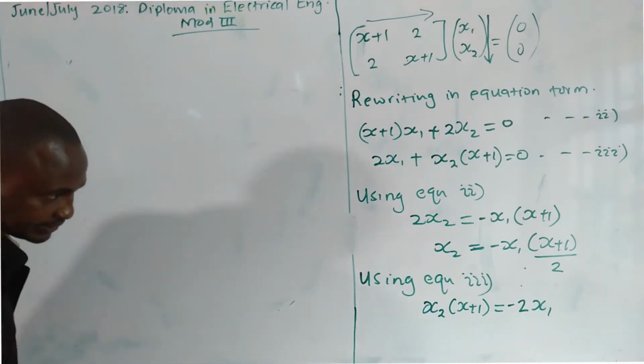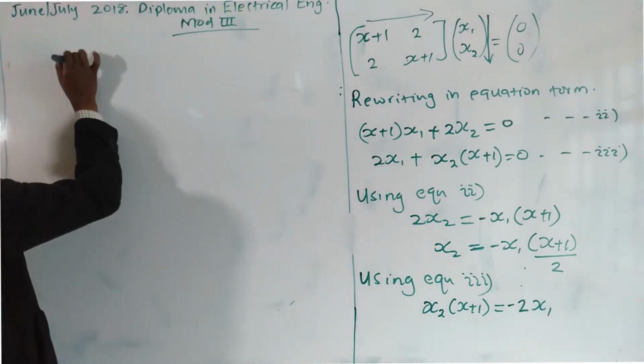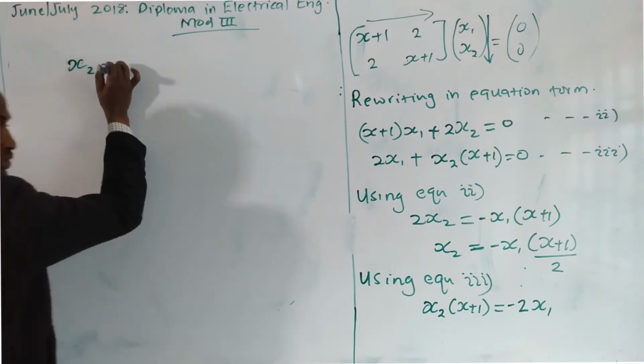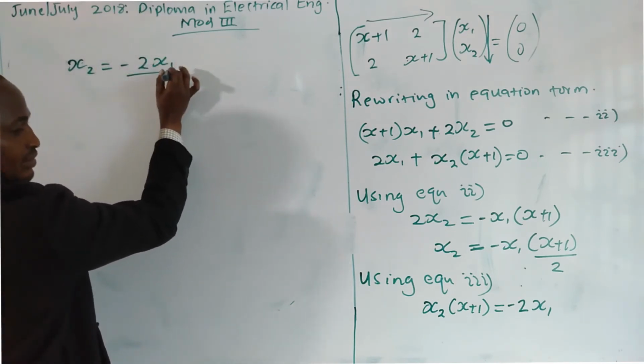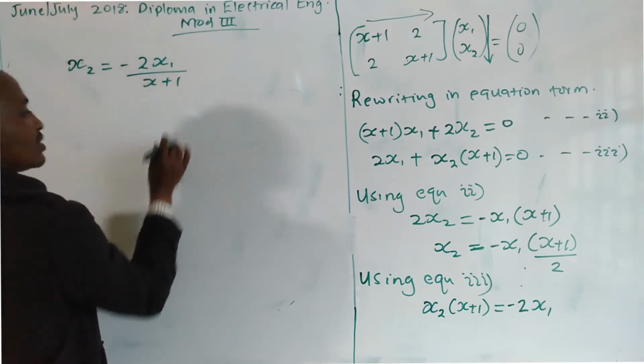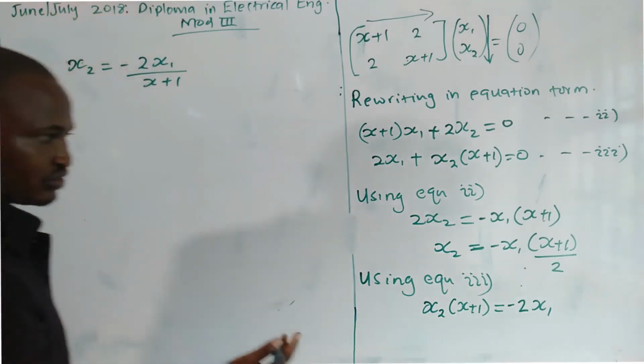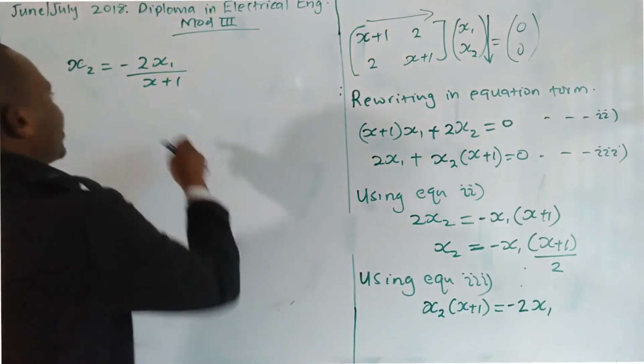Now we can say x2 again is equal to negative 2x1 over (x plus 1). So we have two x2s. We have this x2 and we have this x2.